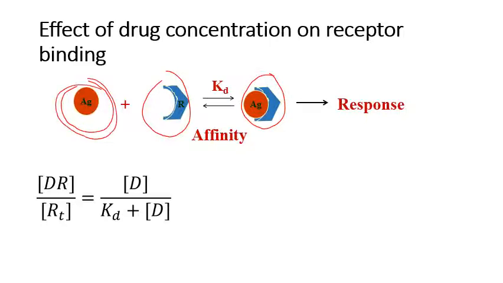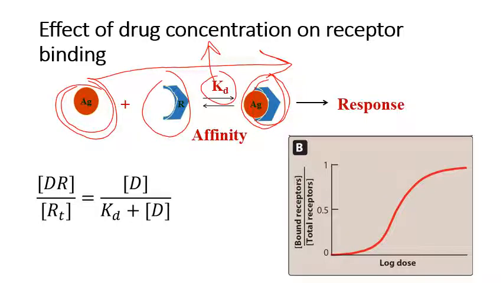Increasing the agonist concentration should increase the formation of drug receptor complex, and this is determined by a value that we call the equilibrium dissociation constant. The higher the value, the less the affinity to form the drug receptor complex. And this is the other explanation for the affinity of the drug to the receptor.